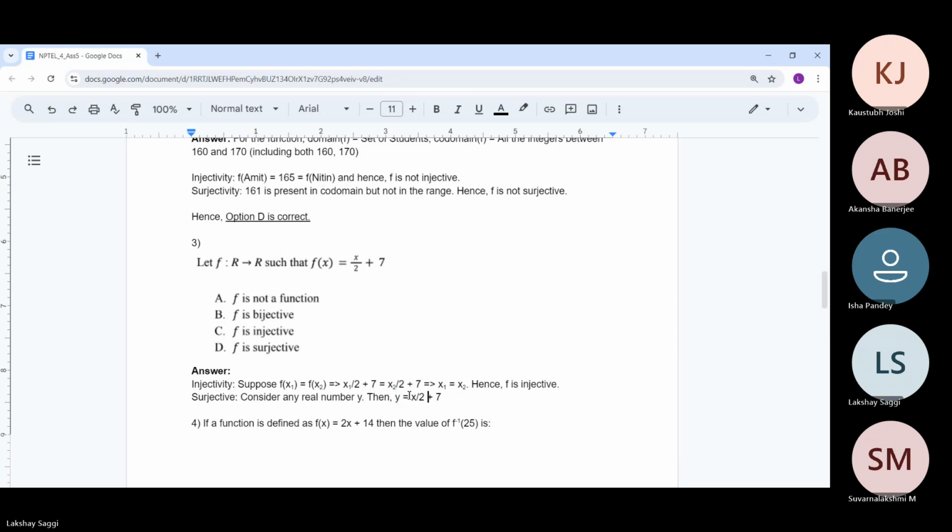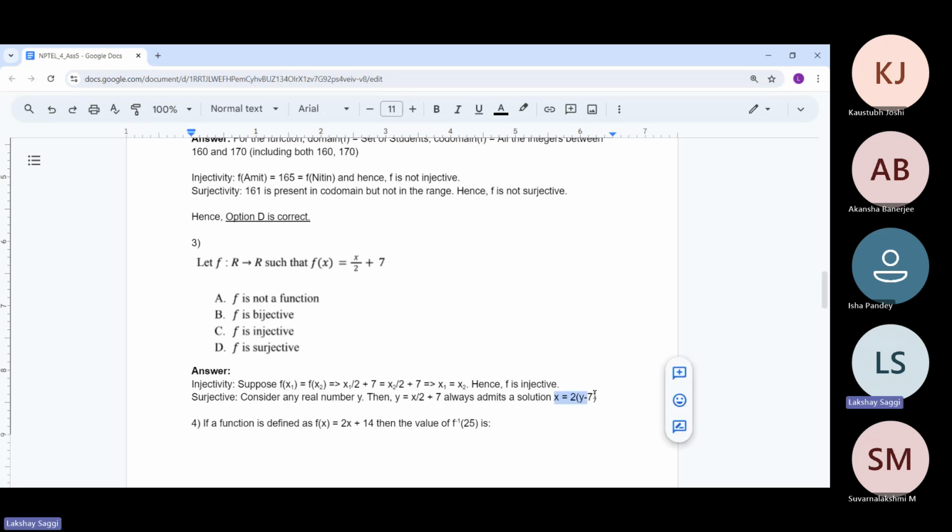Now if we take this equation, this always admits a solution. And what will be the solution here? We have to find the value of X such that this is satisfied, right? We have considered any real number Y and we have to find an X such that this is satisfied. So what will be the X? We take 7 this side and multiply by 2. So we'll get X equals 2 times Y minus 7, right?